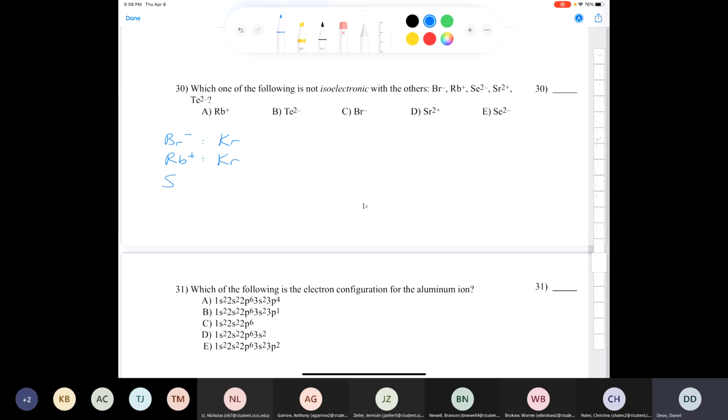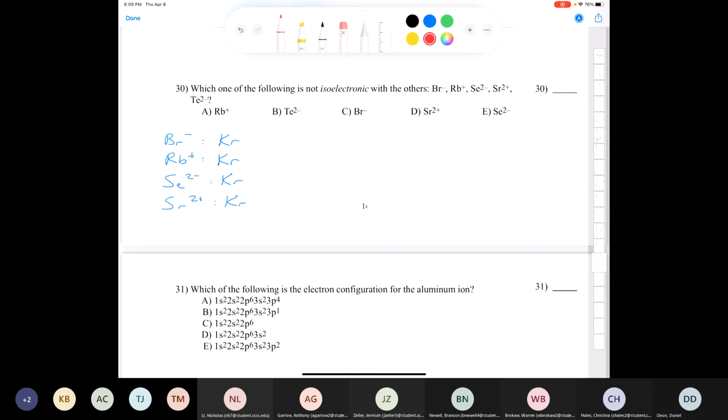The next one is selenium with a 2- charge. Selenium is element number 34. It's right next to bromine. If it gains 2 electrons, it becomes isoelectronic with krypton. The next one is strontium with a 2+ charge. If you look at strontium, it's element number 38. If it loses 2 electrons, it will have 36 electrons, and it will become isoelectronic with krypton.